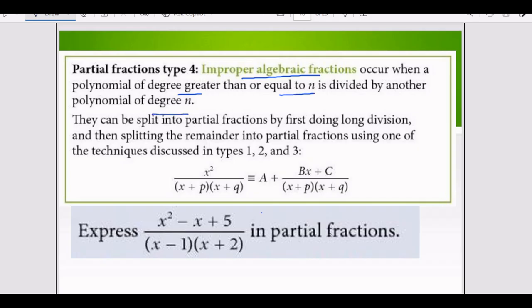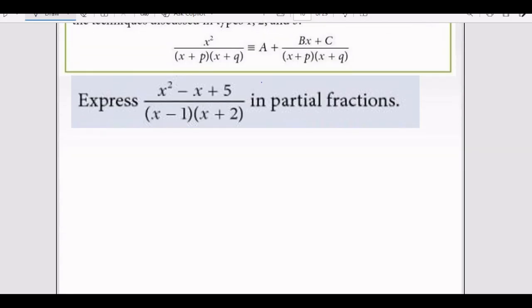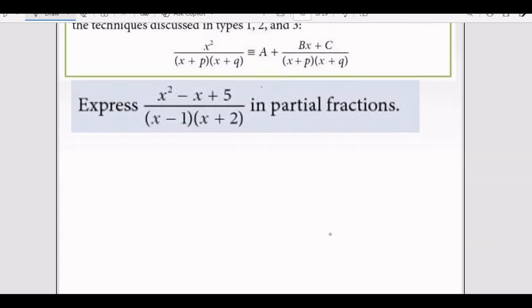They can be split into partial fractions by first doing long division and then splitting the remainder into partial fractions using one of the techniques from type 1, 2 and 3, right? Or this can be used directly. If you don't want to divide first, we can directly take a plus bx plus c over the first factor times the second factor.